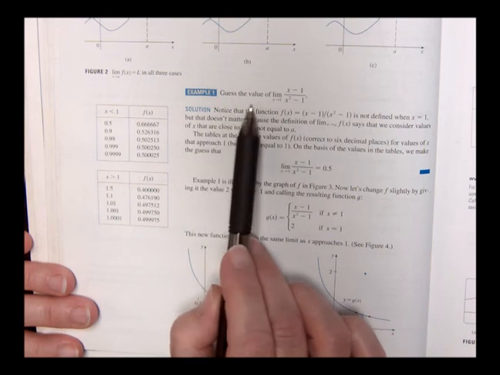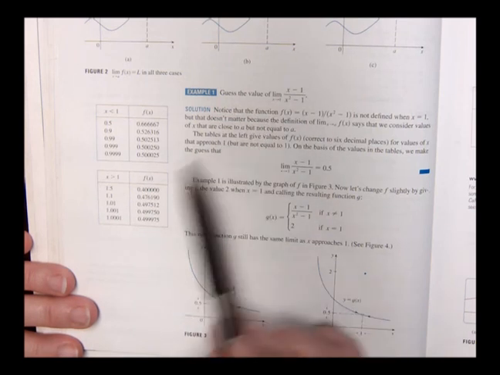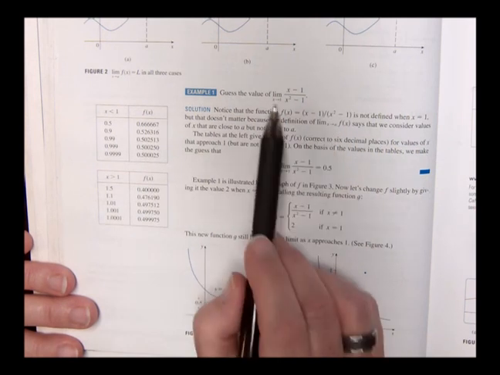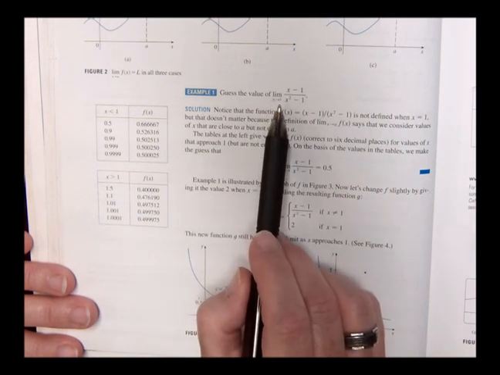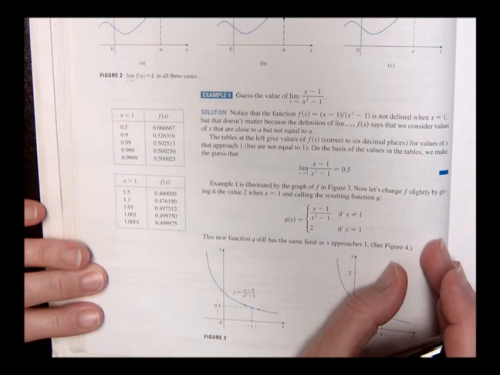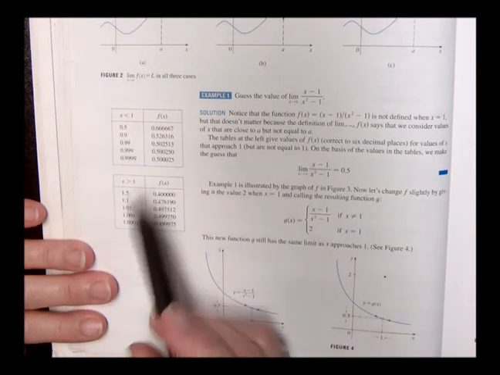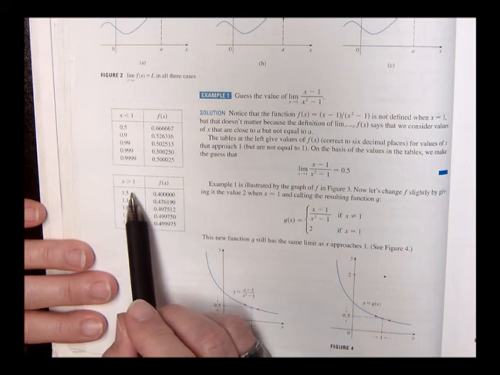Okay, example 1. We're going to guess the value of this limit, and we're going to use a table of values. Now, where are we guessing it at? As it approaches 1. So, I want to make a table of values. I want to pick values that are smaller than 1, and I want to pick values that are bigger than 1, but that get close to 1.